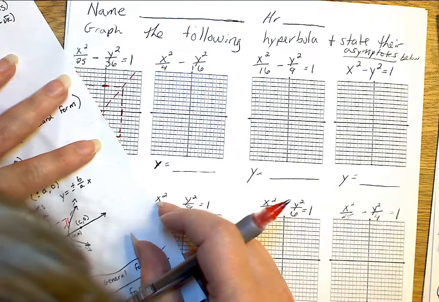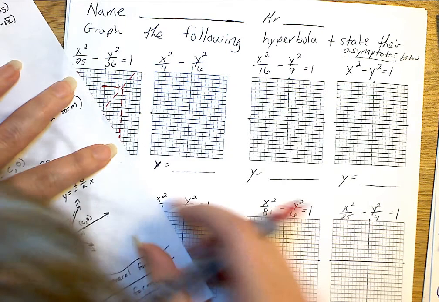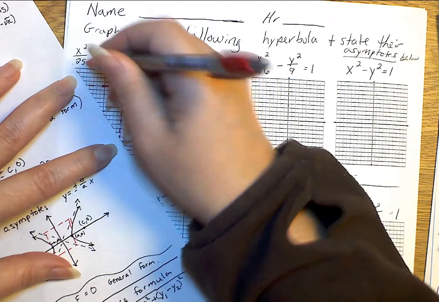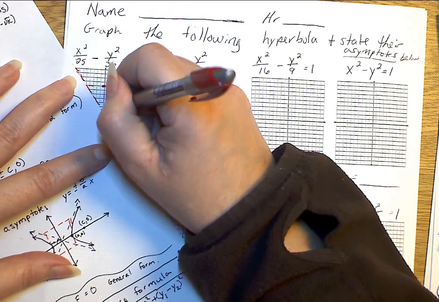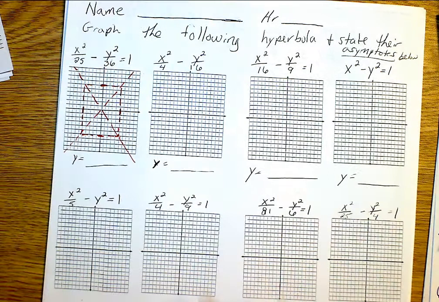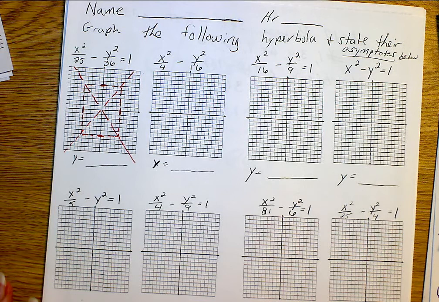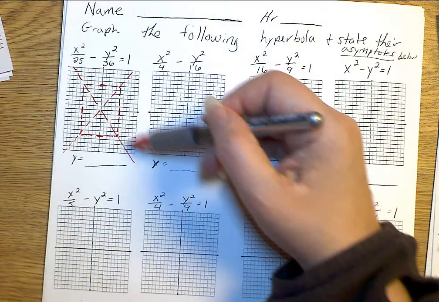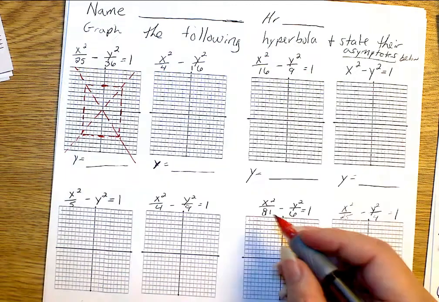It's not the end of the world. Anybody not have their lines or their rectangles? Once you have your lines and your rectangles, I need everyone to look up here. Your lines have to extend past your box, just so you know, but I want you to see why.